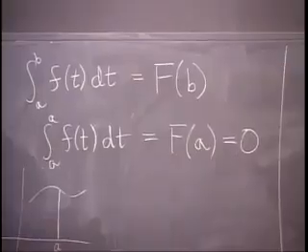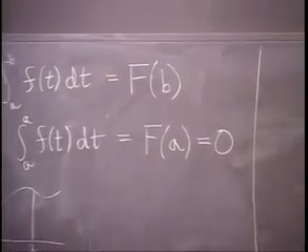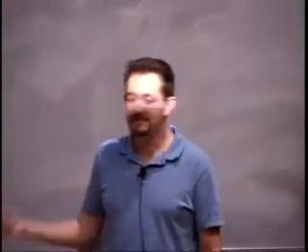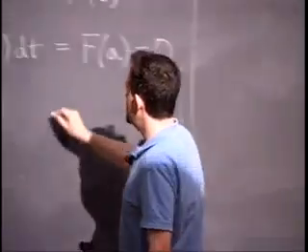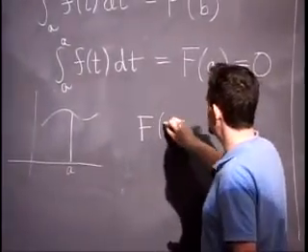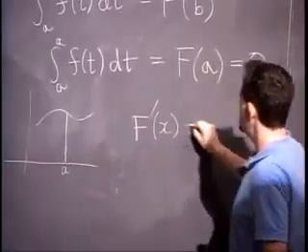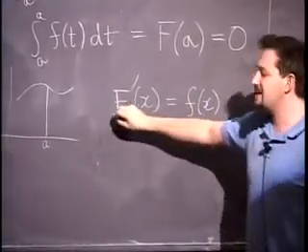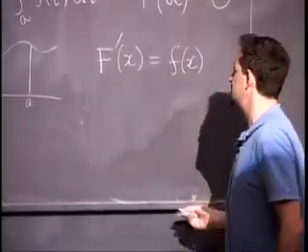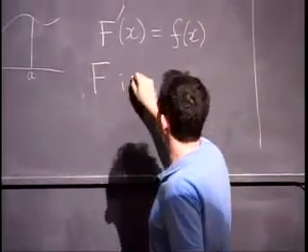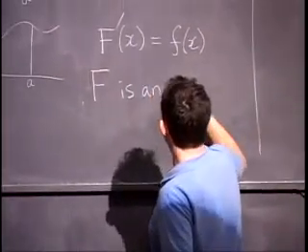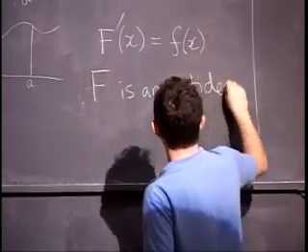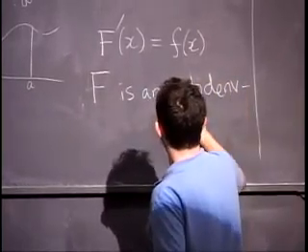What do we know about capital F? Capital F is a function whose derivative is little f. So we know capital F of x, its derivative is little f. So in terms of little f, we'll say that capital F is an antiderivative of little f.